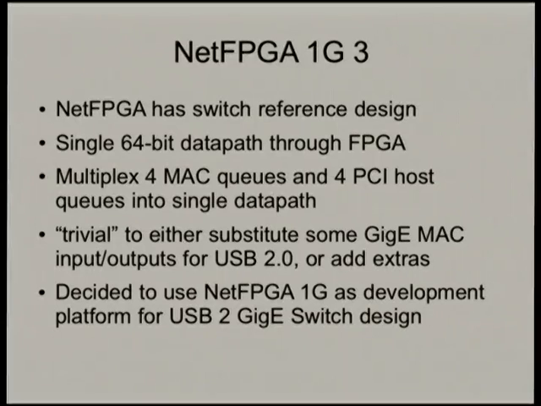Okay, I was trying to extract a picture of how the reference design looks internally, but I couldn't get it, so I'm just going to quickly discuss it. There's a single 64-bit data path through the FPGA in their reference design, and there's a multiplexer at one end of this data path which chooses packets, or Ethernet frames, coming in from one of the 4 gigabit MACs, and then it processes those.